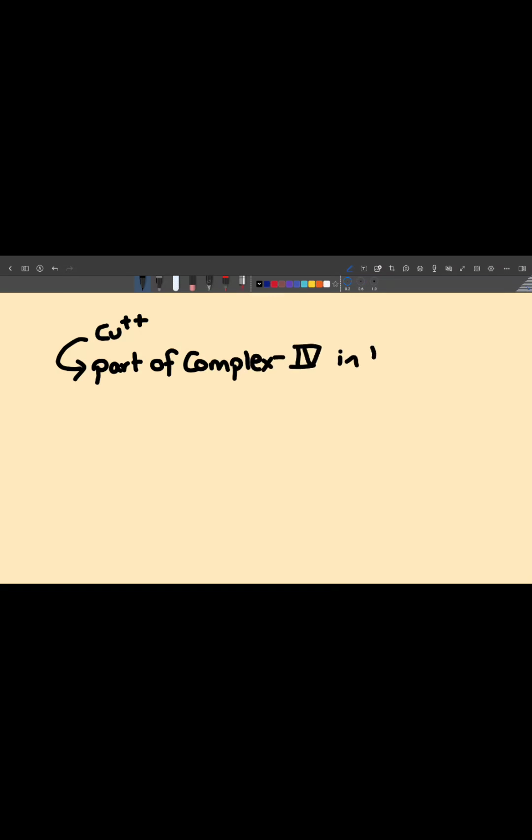So let's move on to understand copper metabolism. And before explaining that, let's understand why copper is important to the human body. First of all, copper is a part of complex 4 in the electron transport chain, meaning that without copper you cannot synthesize ATP properly.